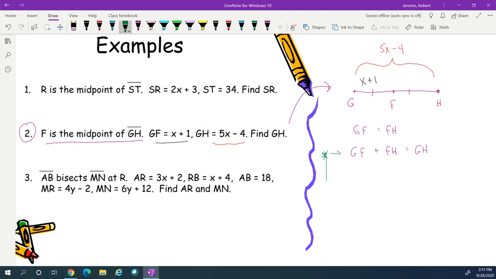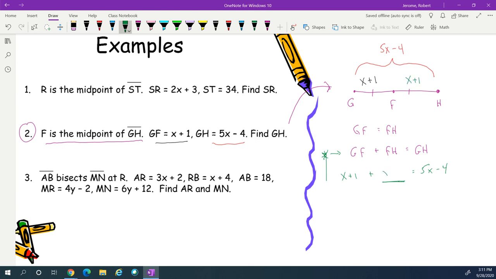The question is, what are we going to put in? Well, GF they gave us. It's x plus 1. And GH they gave us. It's 5x minus 4. But what are we going to put there for FH? Well, look at our picture. Those segments are congruent. So if GF is x plus 1, FH is also x plus 1.